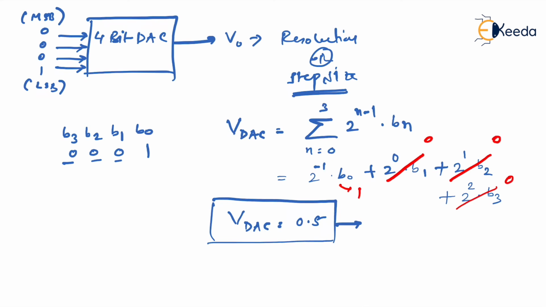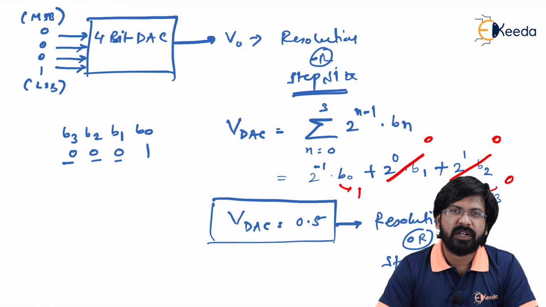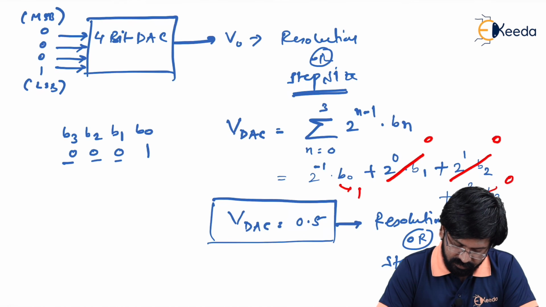And remember, this is what we called the resolution, or you can say this is also called the step size. Finally, we now know what the step size is, because that was the only problem that we did not know, and because of that we were unable to find the output voltage.